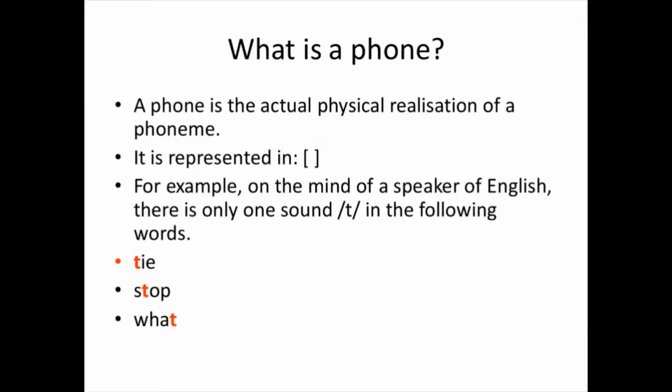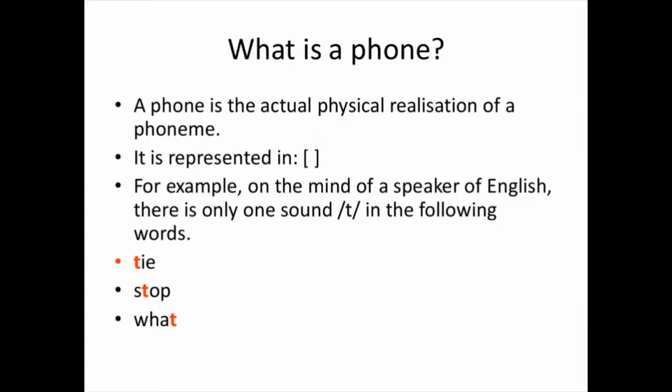For example, in the mind of a speaker of English, there is only one sound, that is t, in the following words. The first word is the word tie. The second word is the word stop. The third word is what. So tie, t.